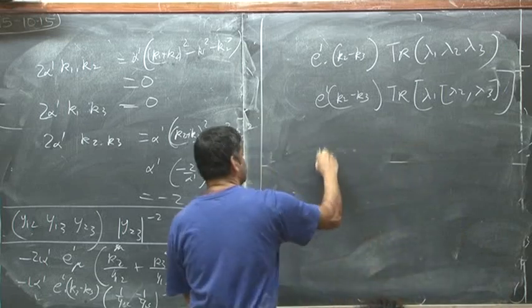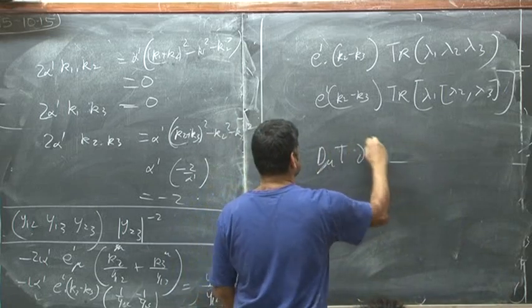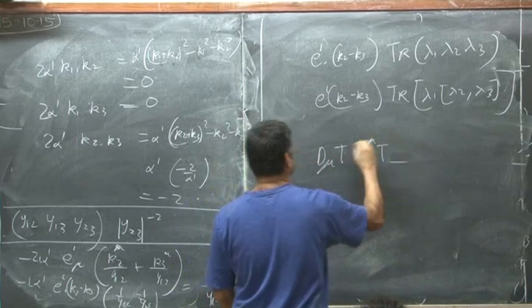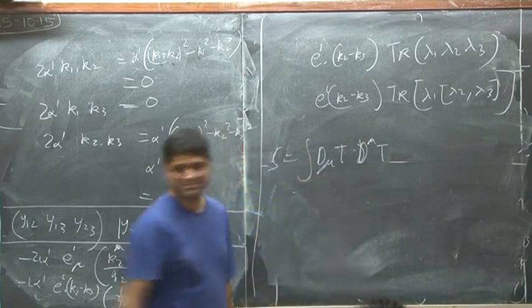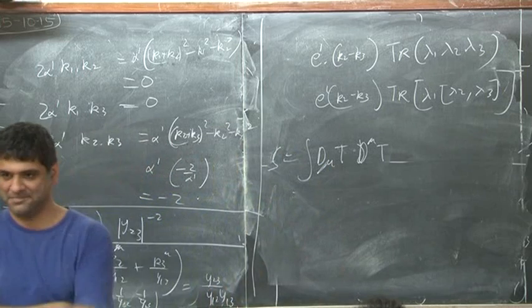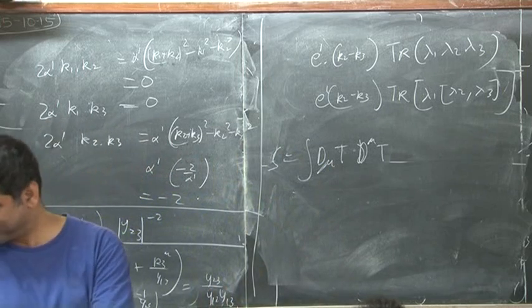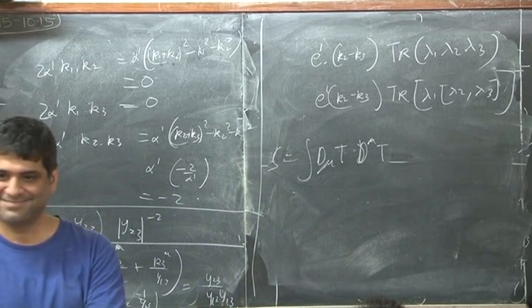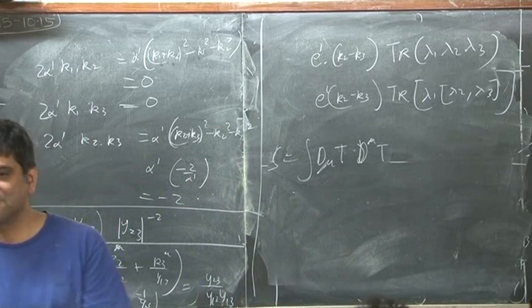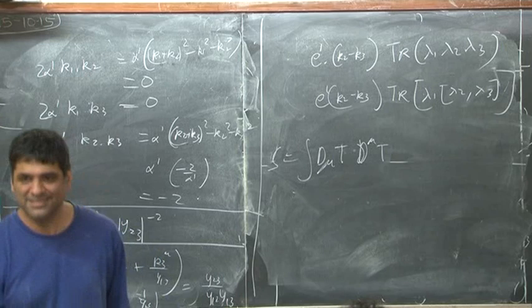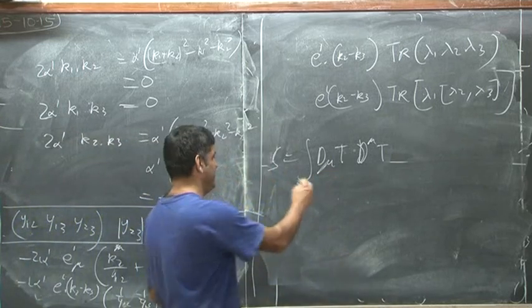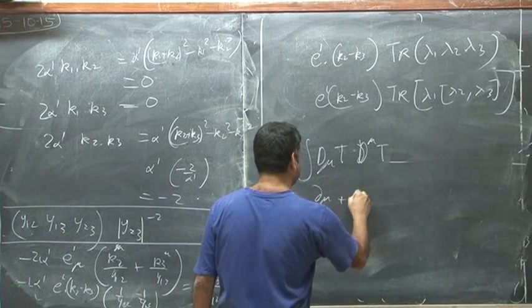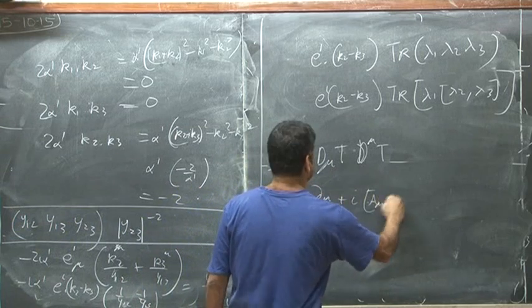I'm writing it up. Take the tachyon, an adjoint field. Minimally couple it to the gauge boson. What is minimal coupling? Minimal coupling means d mu plus i a mu t mu.